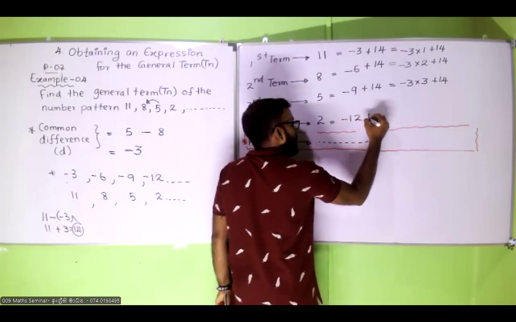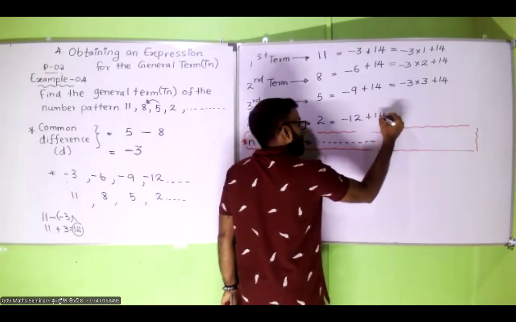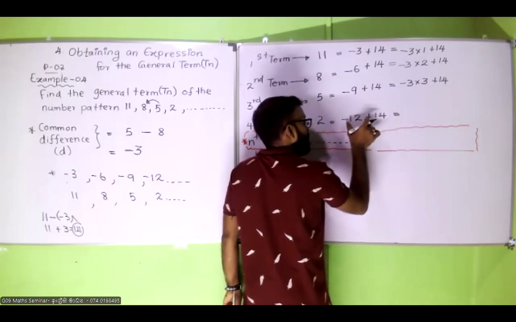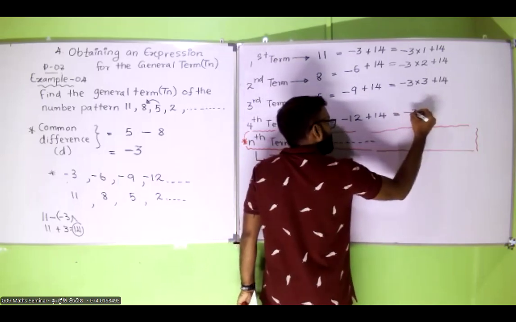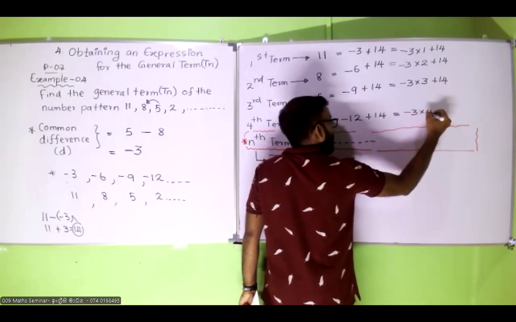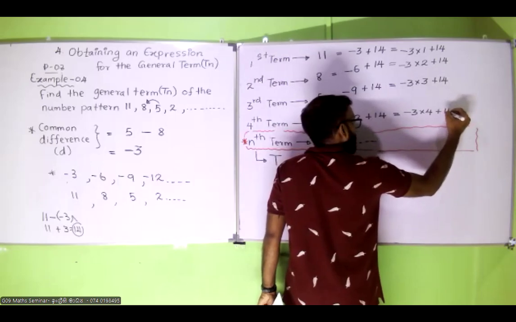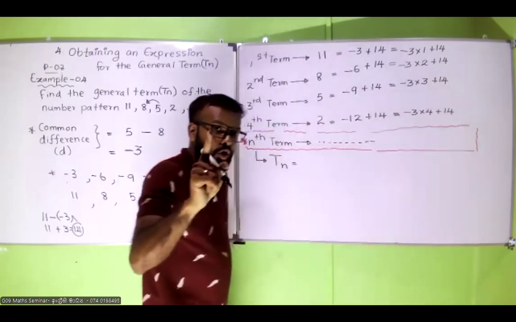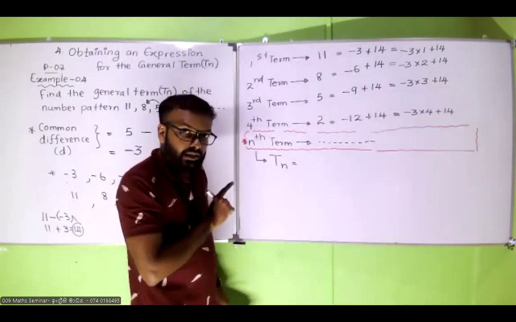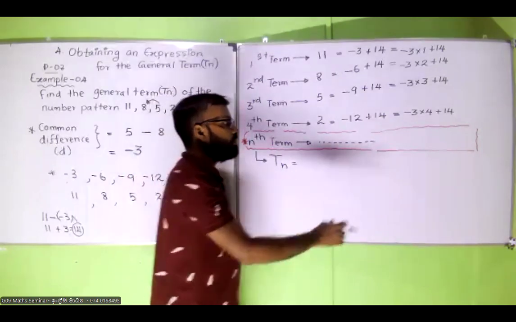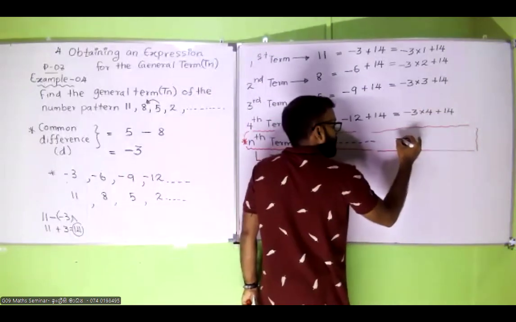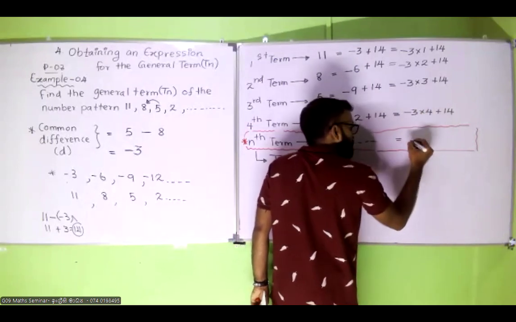Minus 12 plus 14, and it can be written as minus 3 times 4, plus 14. How are we going to write the nth term by looking at this? Here you have minus 3.